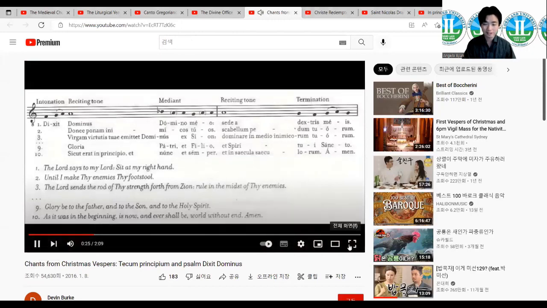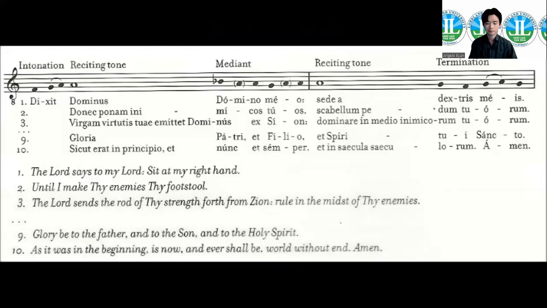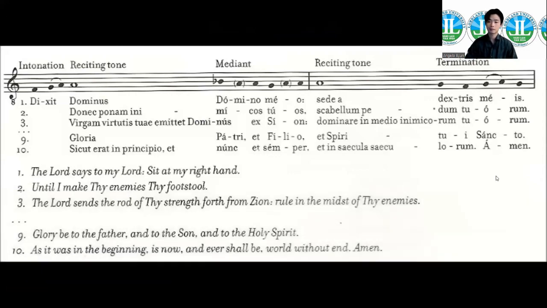So this is Dixit Dominus Dominum meo, sede ad extris mei, donec polam inimicos tuos, scaberum pegum tuorum, Dominus ex nihilo, dominare in medio inimicorum tuorum.